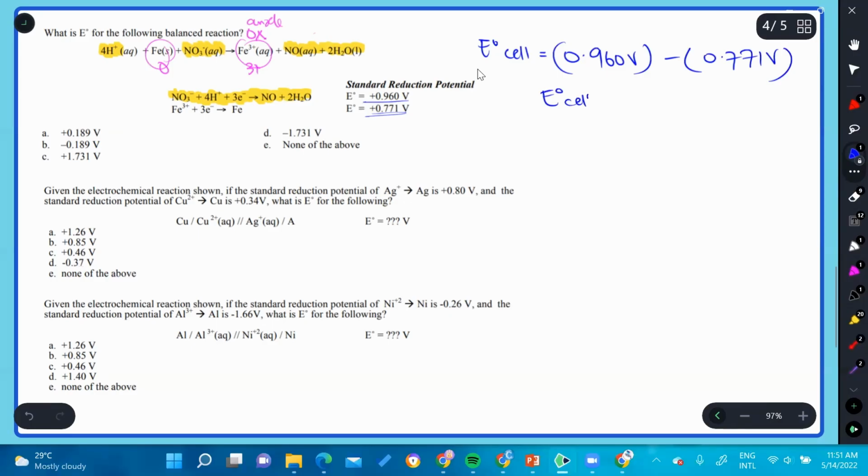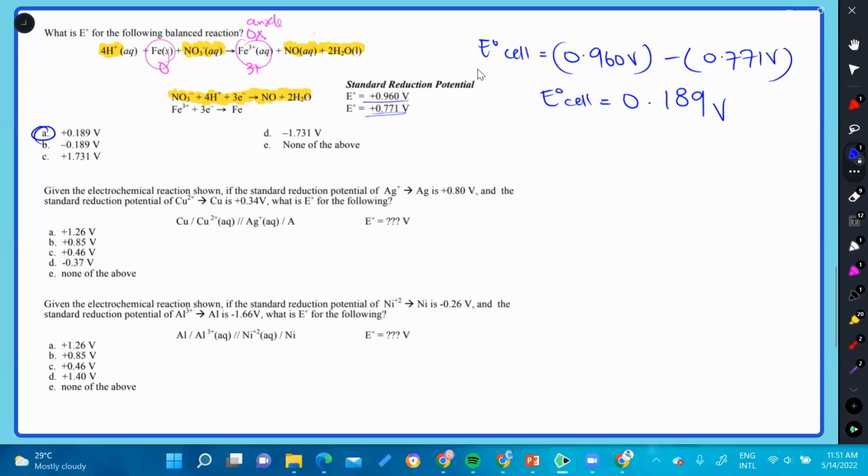Then E naught of the cell is equal to whatever you get when you put that in your calculator. So 0.960 minus 0.771, okay? I got 0.189. My voice sounding raspy as usual. So the answer here is A.